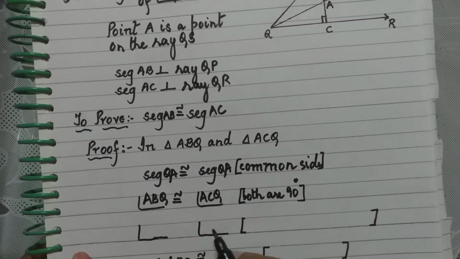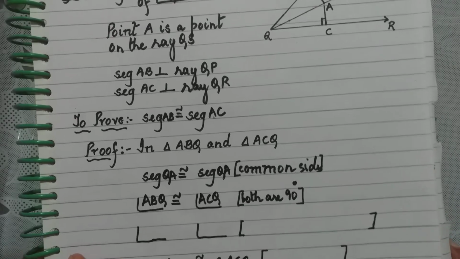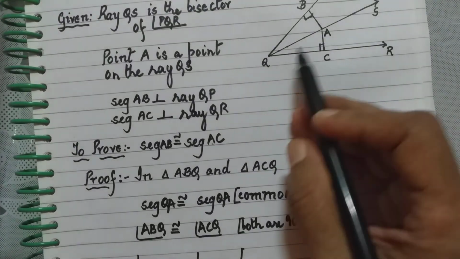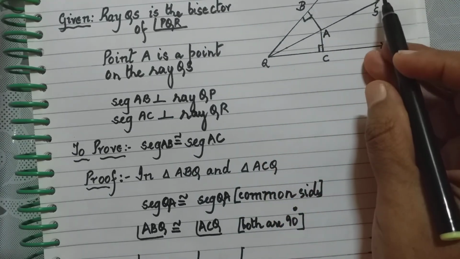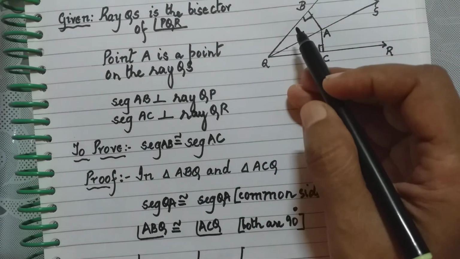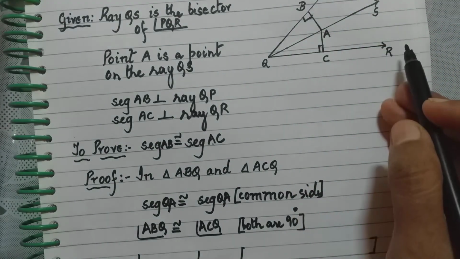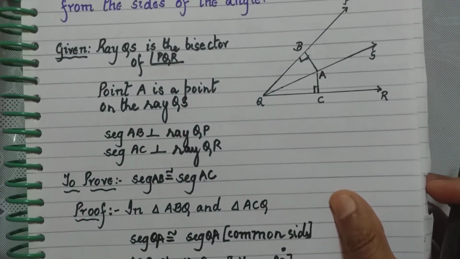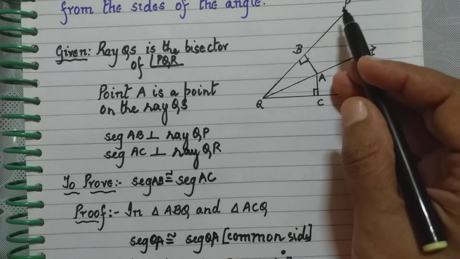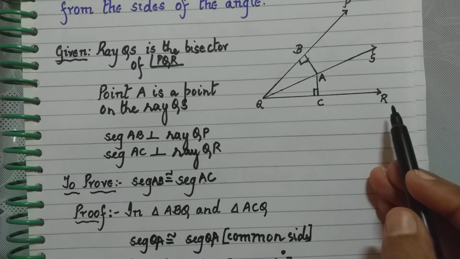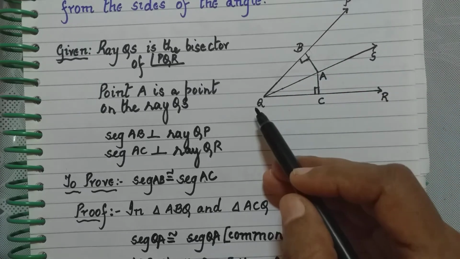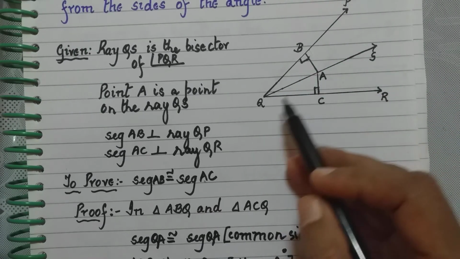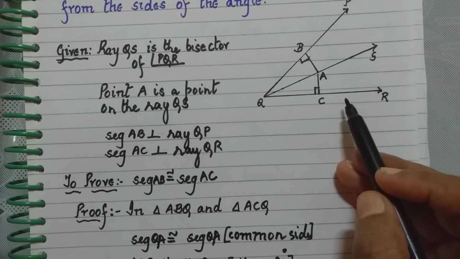Also we have one more pair of angles which are congruent, which is that here you see that ray QS is the bisector of this angle PQR. So if ray QS is the bisector of angle PQR, we have here angle BQA is congruent to angle AQC.